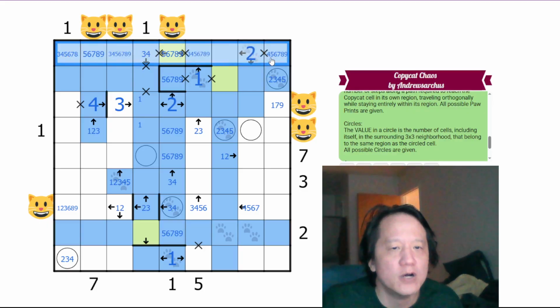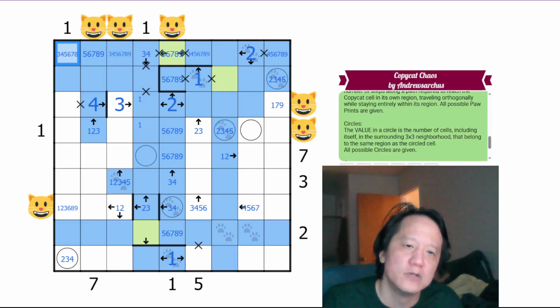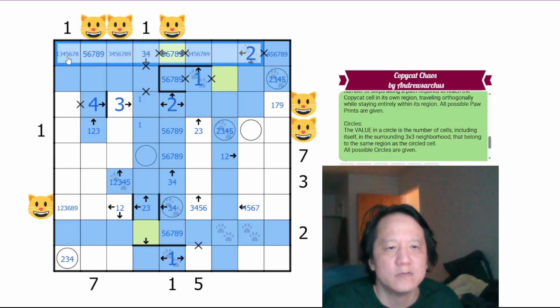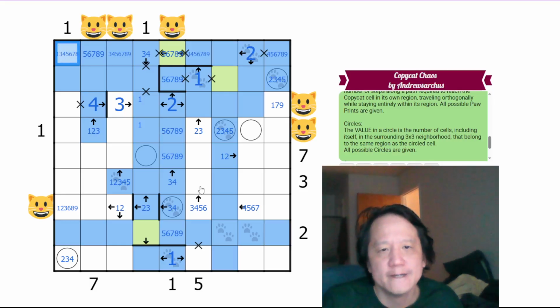In row 1. Can't be here because of 1 in the column. These cannot be 1 because of matching... Oh, this could be 1 here. Shoot. Okay, so this could be 1. Never mind. Can't be 2 because of 2 in the row. But this could be 1. So 1 is either here or here.